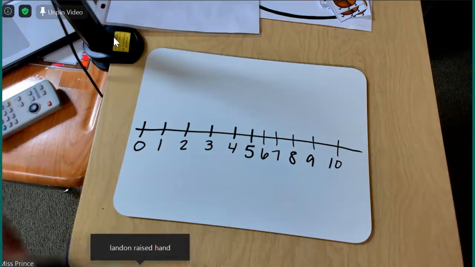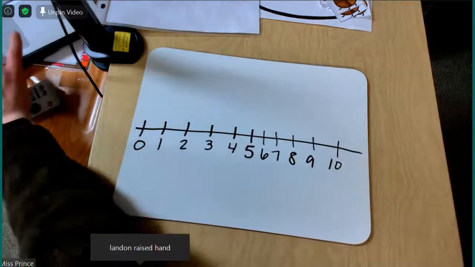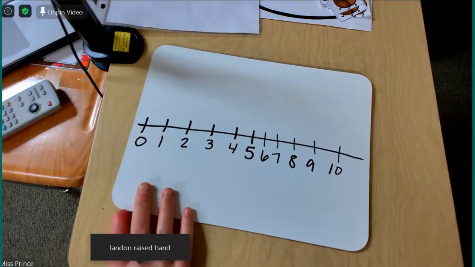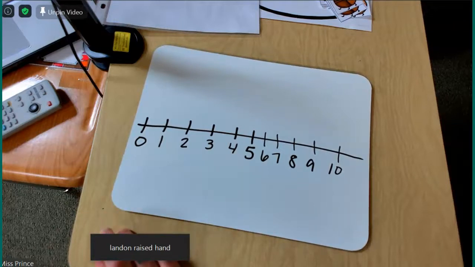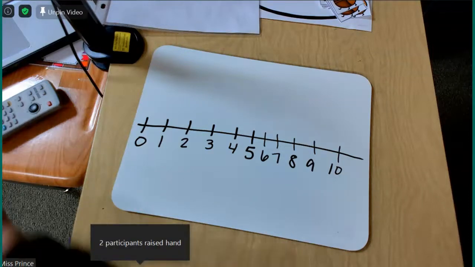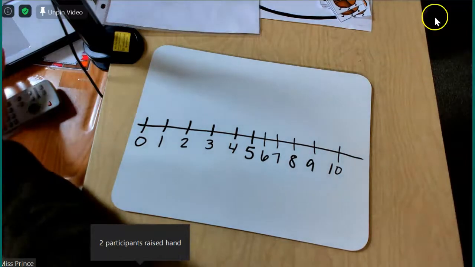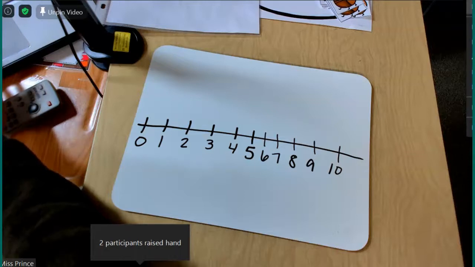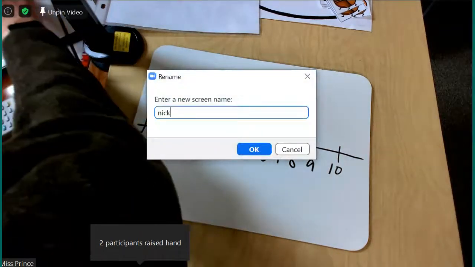Good job, Landon. Adrian, do you have your whiteboard? Angela, Mason, do you guys have your whiteboards? Good job, Nicholas. Yes. Good job. Miss Prince? Yes.